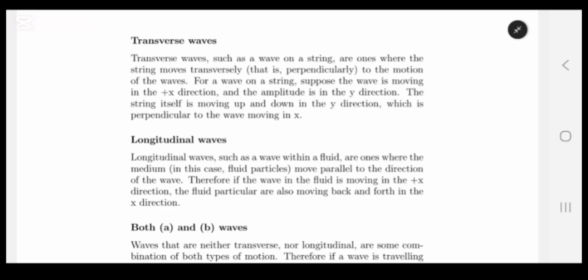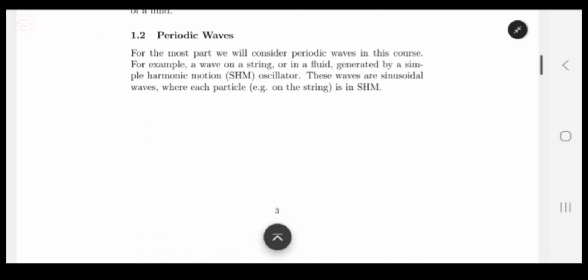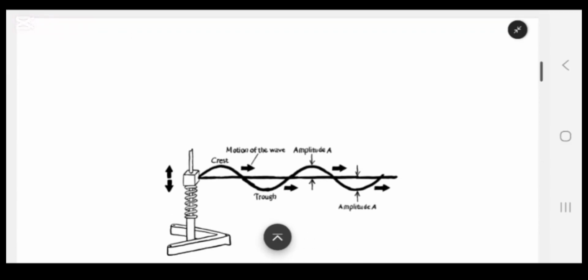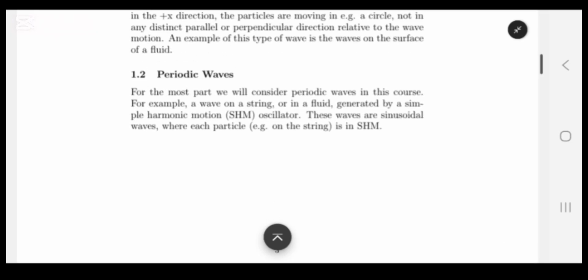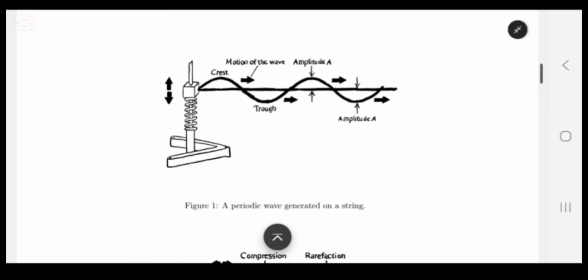This is why at every point here, if you look at one particle on the string, it's just going up and down in simple harmonic motion. So we can use our simple harmonic motion to generate a perfect periodic wave with some amplitude, some wavelengths. We'll talk about all that here today, how we're going to generate our wave on a string.